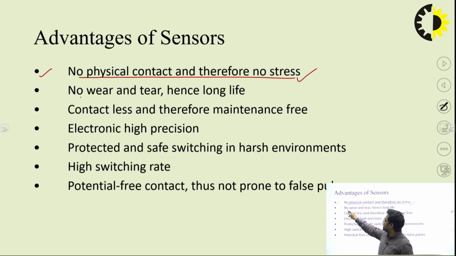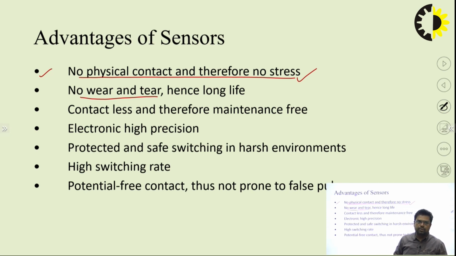Another advantage is that there is no wear and tear, because there is no moving part, only electronic device parts in the sensors. There are no rotational or similar operations going on in the sensors. So there is no wear and tear, and hence a long life, because there is no physical contact with the environment. Another thing is that it is contactless, and therefore maintenance free.